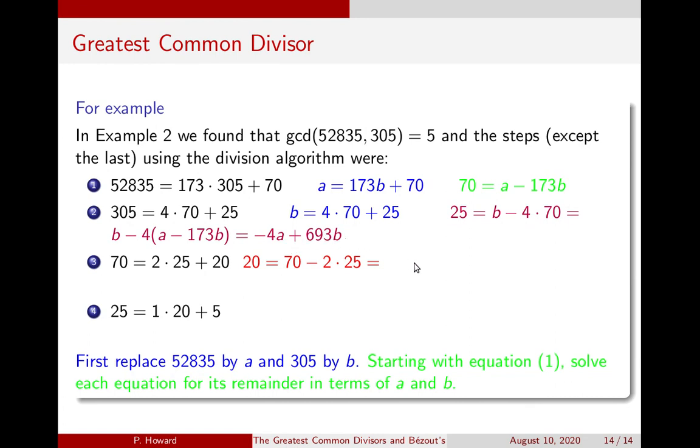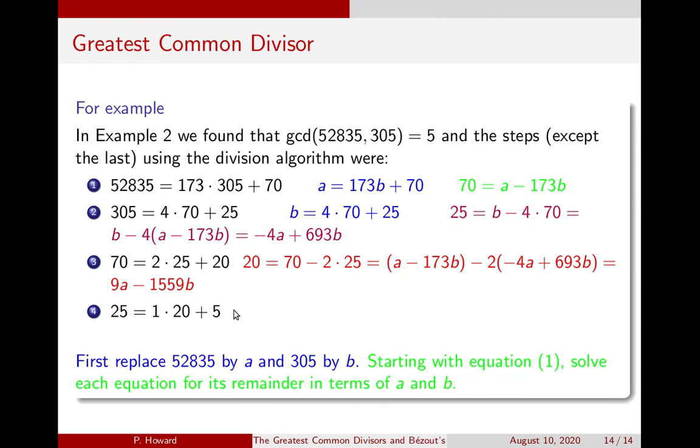So we're going to make those two replacements, replacing 70 by a minus 173b, and replacing 25 by minus 4a plus 693b. And now, again, I distributed the minus 2 and combined like terms. I'm not putting all the algebra down here. Fairly straightforward, and I got 9a minus 1,559b.